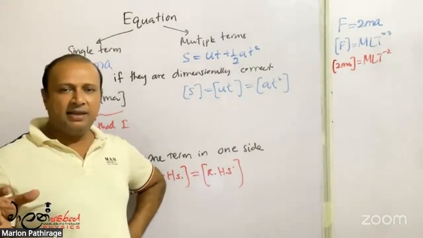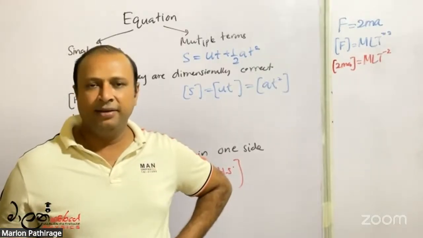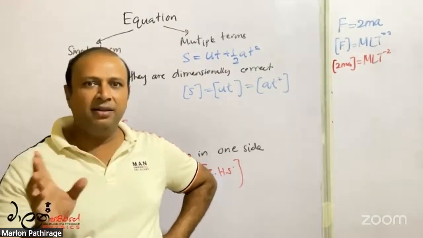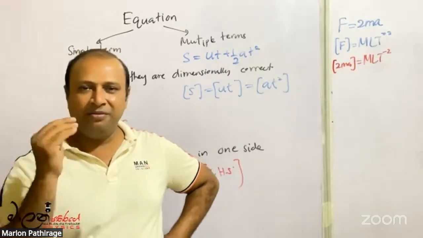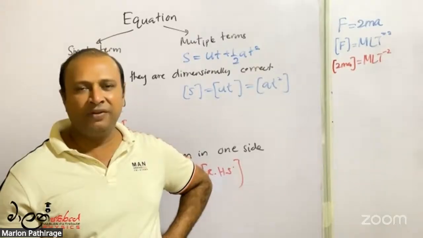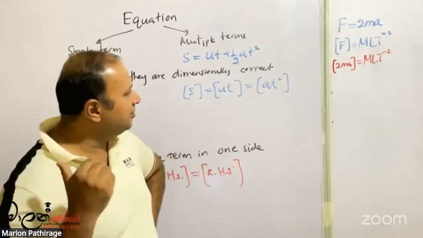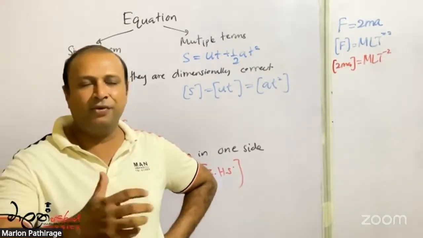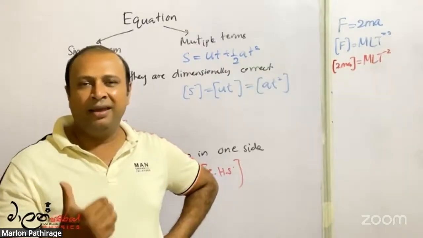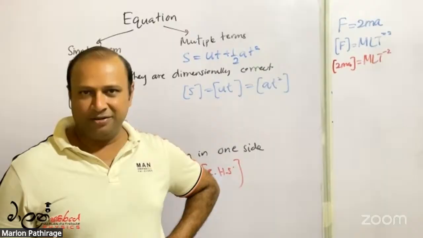If there's an incorrect dimension, then definitely that equation is incorrect. When the dimension is wrong, there is nothing more to check about numerical factors. So if there's a dimensionally incorrect term, no need to worry about the accuracy. Definitely the equation is inaccurate.